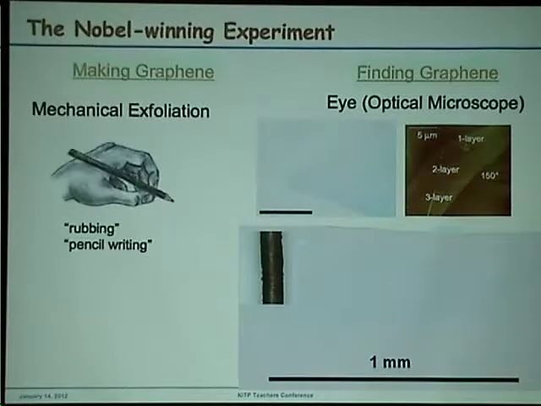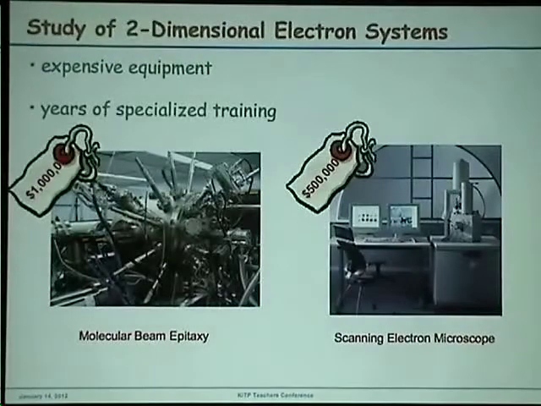Graphene, as we know, is two-dimensional, and this is not a new system. It has actually been a favorite system for physicists to study for a very long time, past 30, 40 years. The thing is that all these typical experiments require very expensive equipment. For example, molecular beam epitaxy costs about $1 million, maybe $2 million, to build.